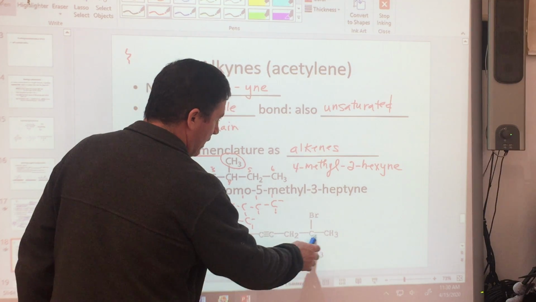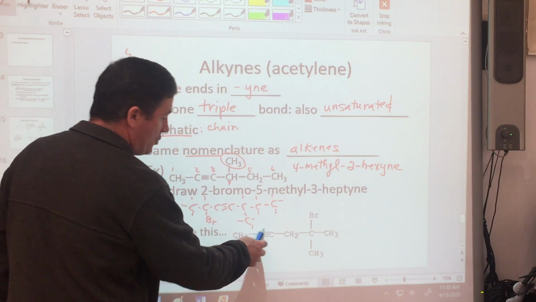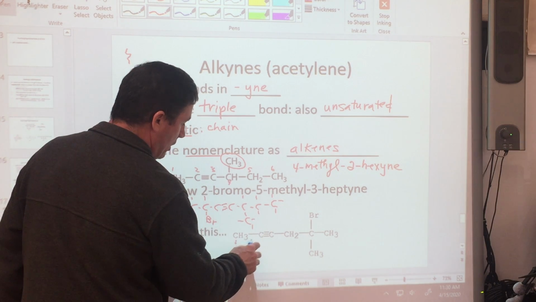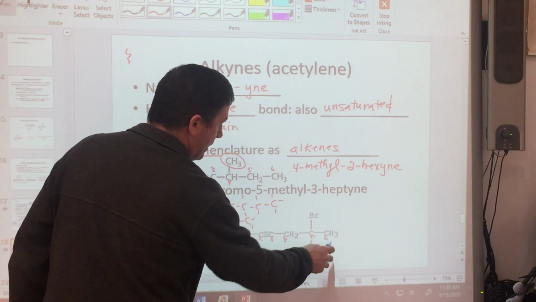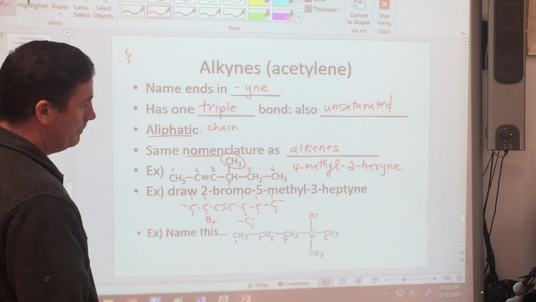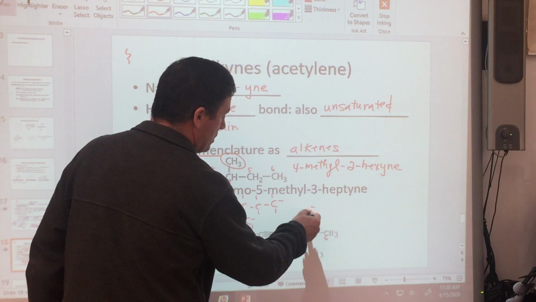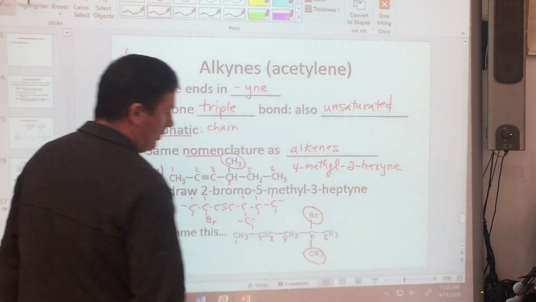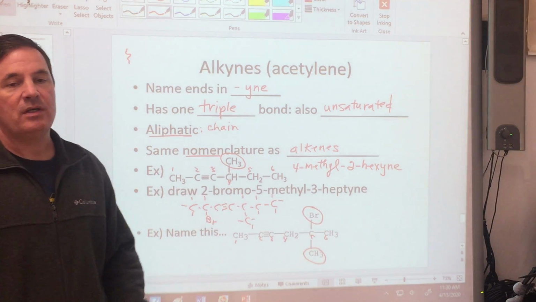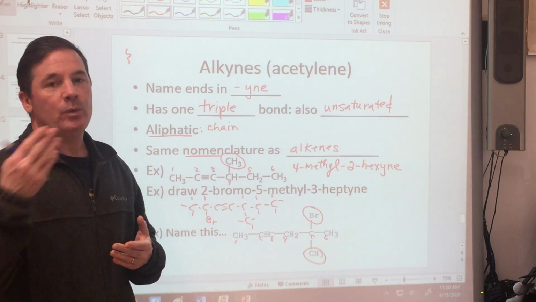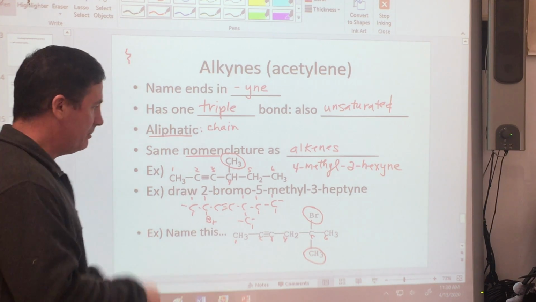1, 2, 3, 4, 5, 6, or 1, 2, 3, 4. Well, the triple bond is on number 2. So I'm going to start counting from here. That's my long chain. Okay, so now I can name it. Do I have any substituent groups? I've got one here and here. Now I've got 2 different ones. Since I've got 2 different, we go back to which one gets named first, and we do that alphabetically.